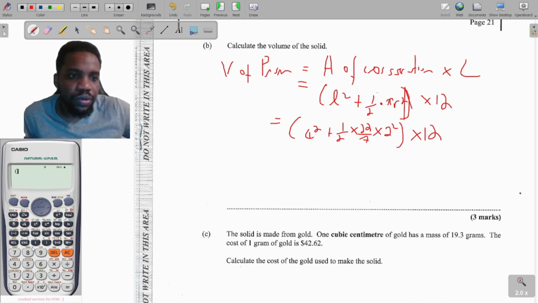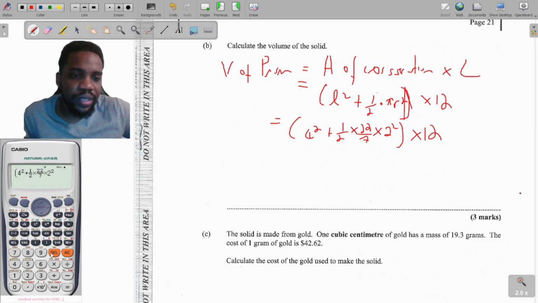So, open bracket, we're going to have 4 squared plus a half multiplied by 22 over 7 multiplied by 2 squared.